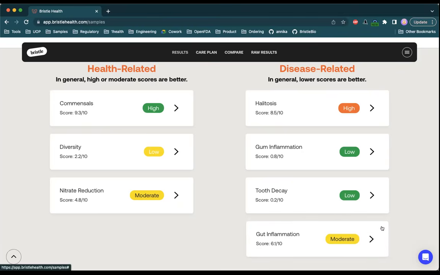And the last disease-related score is a gut inflammation score. You may know that bacteria in your mouth actually traverse through your stomach and end up in your gut, and they can cause damage. They can cause havoc because they don't always belong there. This is a multifactorial inflammatory score, because people who have high gut inflammation scores may not have gut manifestations, because their gut microbiome may be healthy enough to keep them at bay.